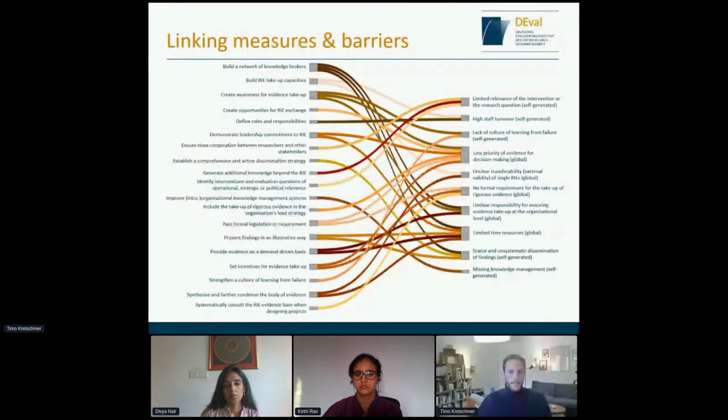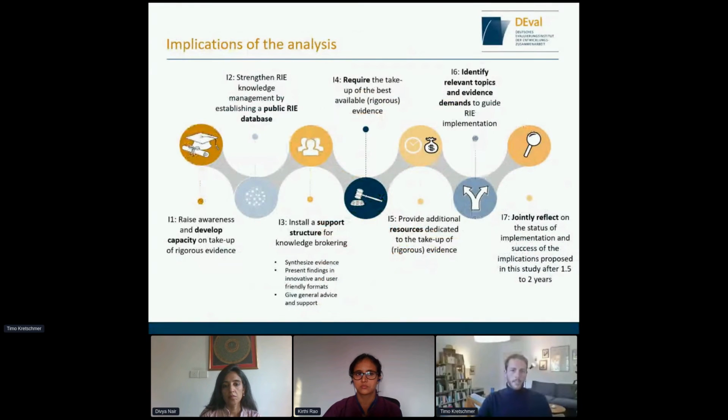And then my last slide is basically analyzing those linkages that you have just seen between the barriers for evidence take-up and their potential measures. We tried to develop a framework that best targets all of this, most effectively, taking into account the relevance of barriers, relevance of measures, and what could be most effective.